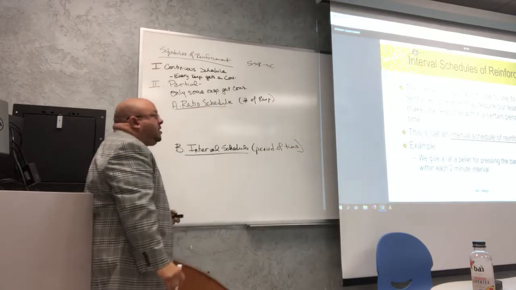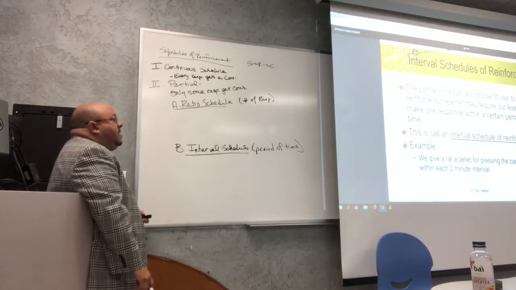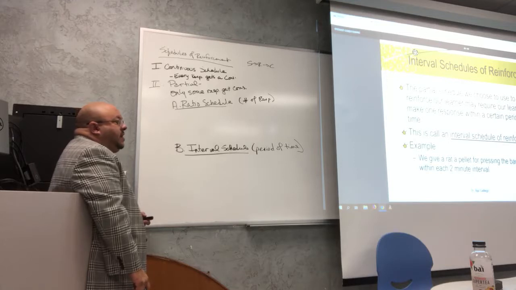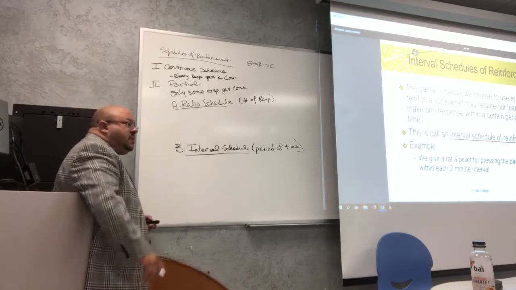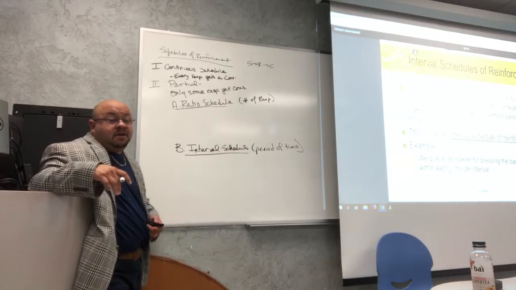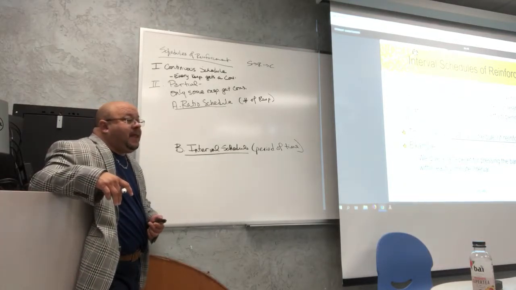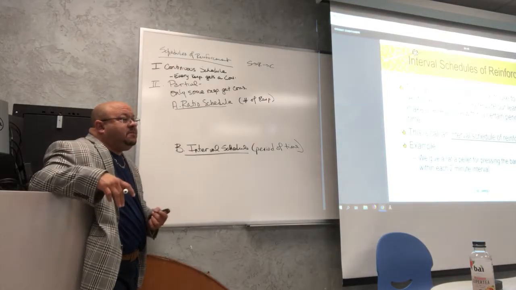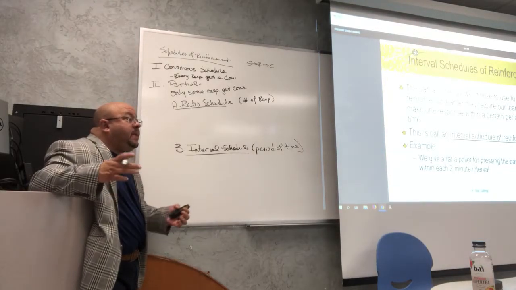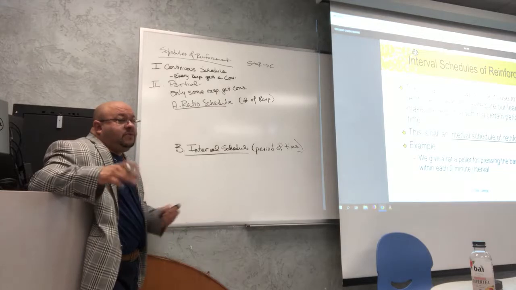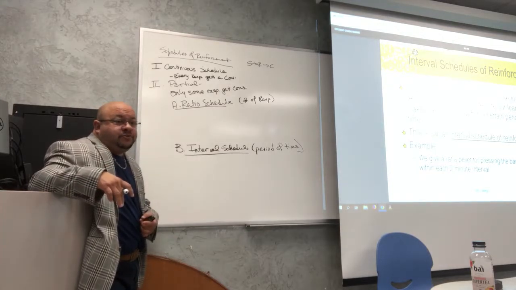All right, so we're going to talk about a period of time in which the learner has to make at least one response to get a consequence. Okay? So I might say, okay, I'm going to give my rat a pellet if they press the bar once within a minute's time, or 3 minutes time, or whatever I choose.